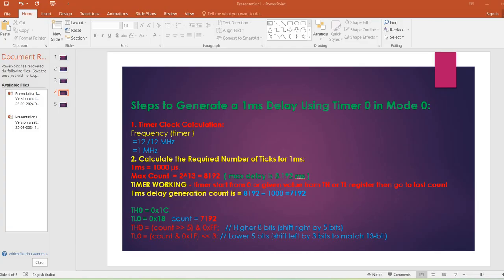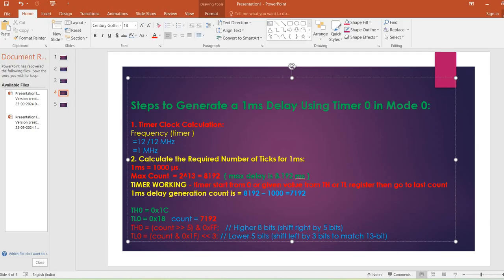We will write a 1 millisecond delay using Timer 0 mode 0 with the interrupt approach. First, the frequency of the timer: the 8051 is running at a 12 megahertz crystal and requires 12 clock cycles per machine cycle.